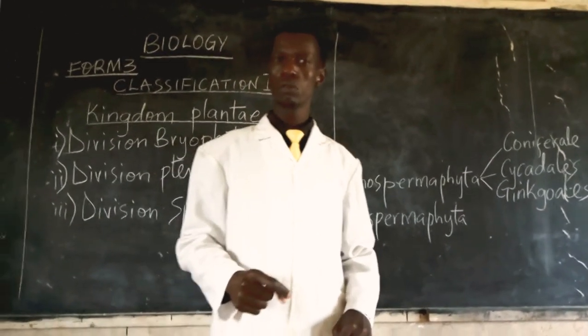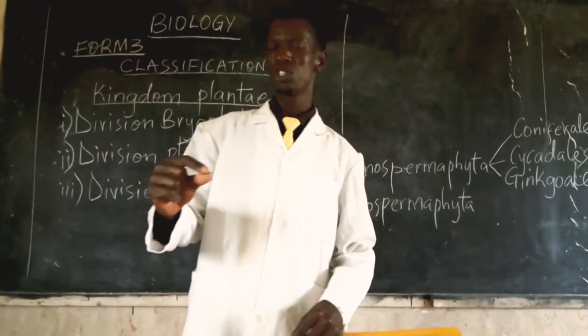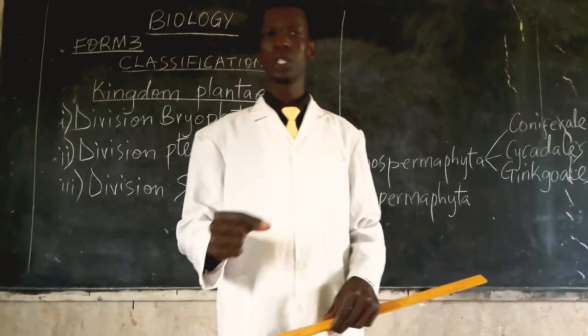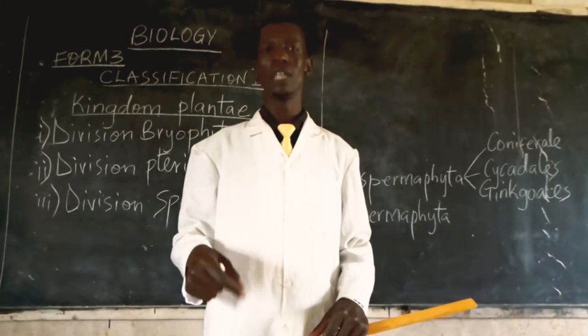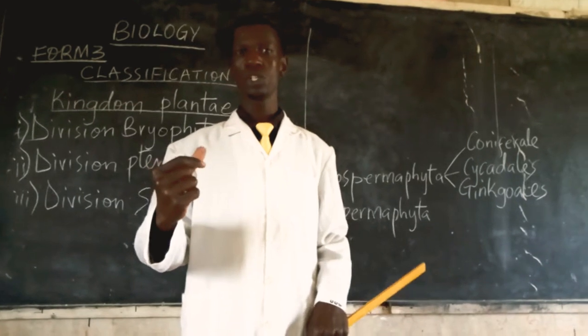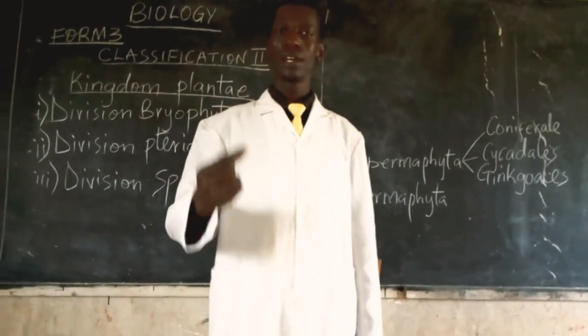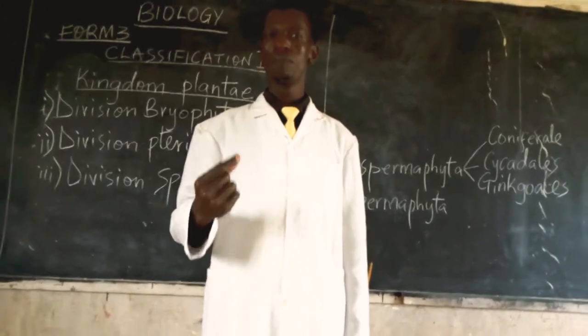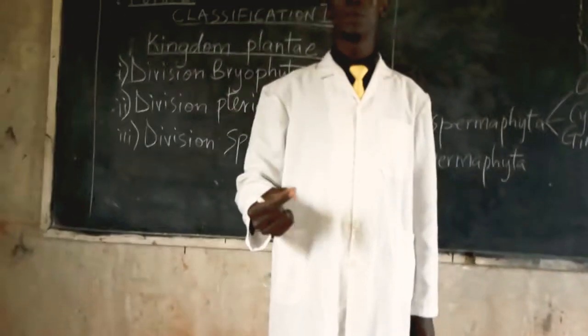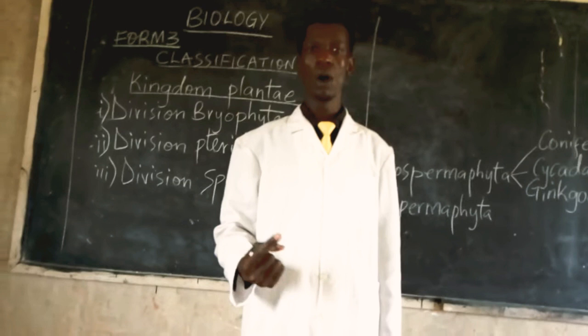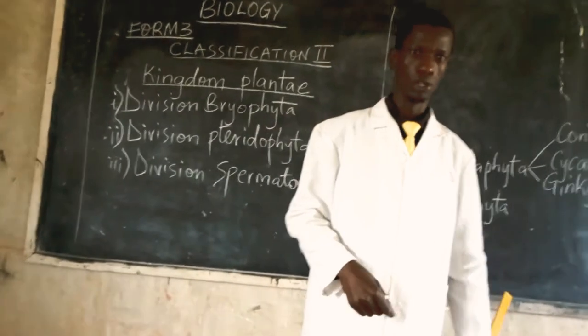Let me just go through the differences between class Monocotyledonae and class Dicotyledonae. The first one I've just mentioned. Class Monocotyledonae comprises plants which have seeds with 1 cotyledon.